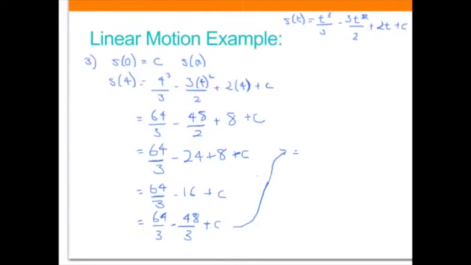Change to 16, so it was 48 on 3. Oh, yeah. So they're both common denominators of 3. So then you can have 16 on 3 plus C, which if you really wanted to, you could say is 5 and 1/3 plus C.